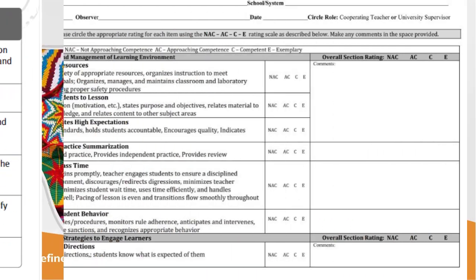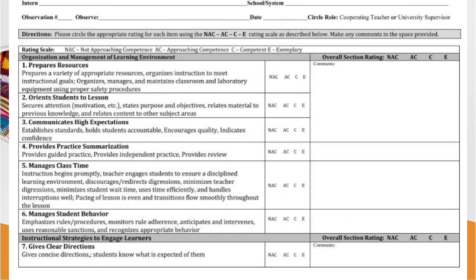Here is another example. Here the constructs and concepts are described in the left-hand column, and then a rating scale is indicated. In this study, the level of competence of teachers is observed, and the observer will award a certain rating on the scale given as the behavior of competence is observed.